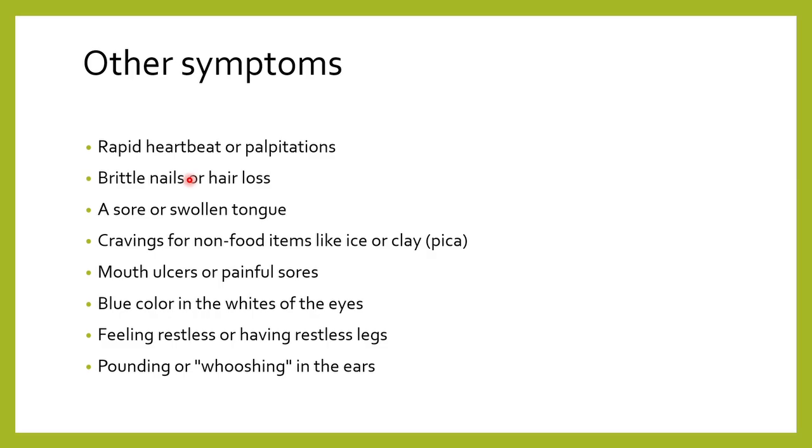There can be hair loss, tongue changes, mouth ulcers, dry mouth, angular cheilitis, geographic tongue. All this can happen in anemia. They can develop a craving for non-nutritive food like clay or chalk or mud, called pica. There can be a bluish tinge in the white of the eye in severe iron deficiency anemia. Patient can complain of restless leg syndrome. There can be tinnitus. So all these symptoms can come in anemia.